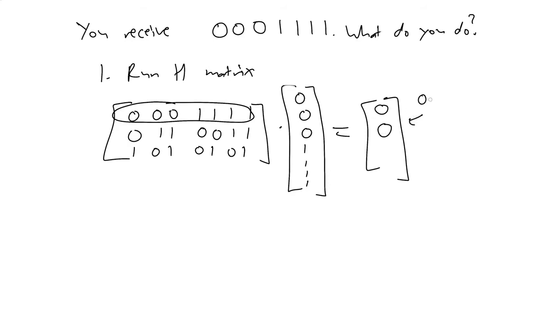So that's going to give us 0 times 0 plus 1 times 0 plus 1 times 0 plus 0 times 1 plus 0 times 1 plus 1 times 1 plus 1 times 1. Okay? So that's 0, that's 0, that's 0, that's 0, that's 0. This is a 1 and this is a 1. So what's 1 plus 1? It is 0. So we had an even number of 1s here, therefore the answer is 0.